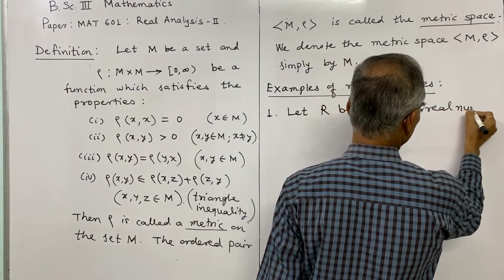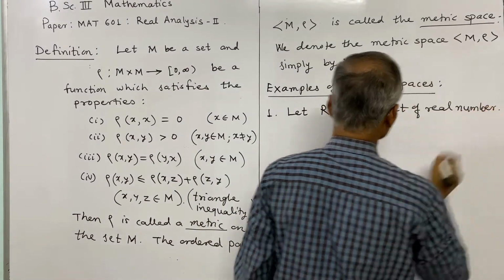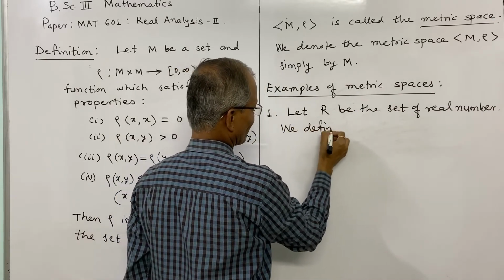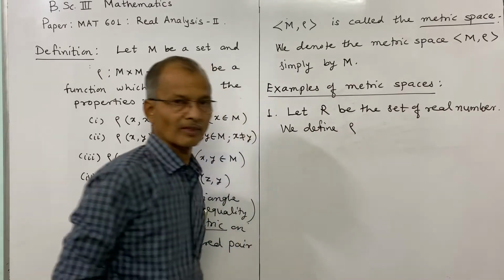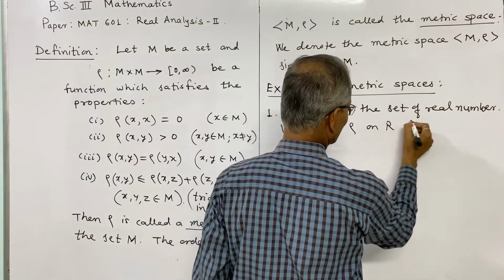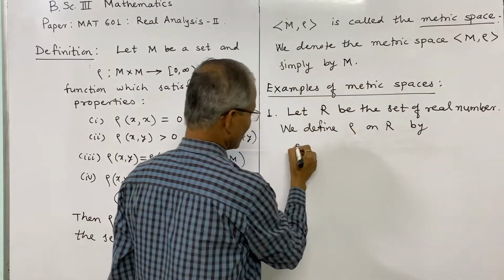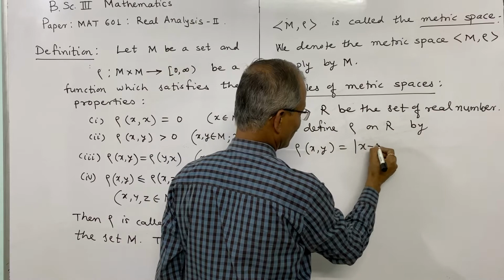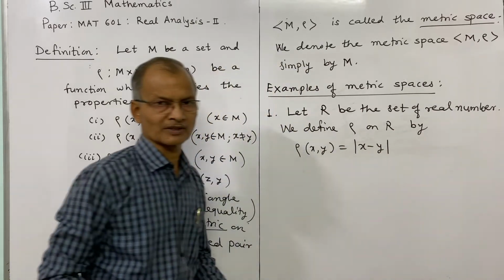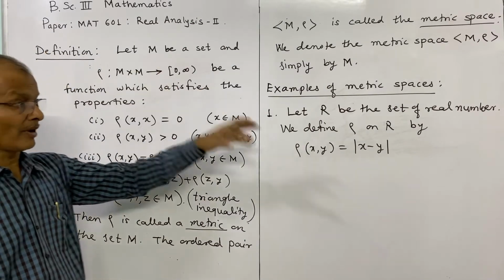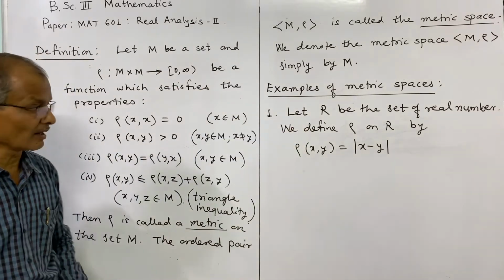This is the usual notation. We define a rho on R by rho of x and y is equal to the absolute value of x minus y, the absolute difference between x and y. And then this rho is a metric on R, the real numbers.